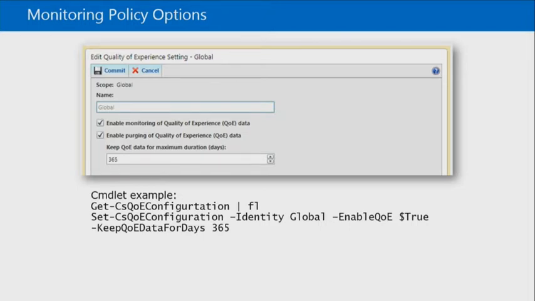Because if we have unlimited data, great. You're going to get a lot better trending if you can keep it for years and years and years. But if that data is of some concern, we can go ahead and keep the data for an X amount of days. In this example, it's 365 or a year, which is a decent trending analysis. Things probably will change in a year that the old data won't be as relevant anyway. So if you can keep a year's worth, good for you.